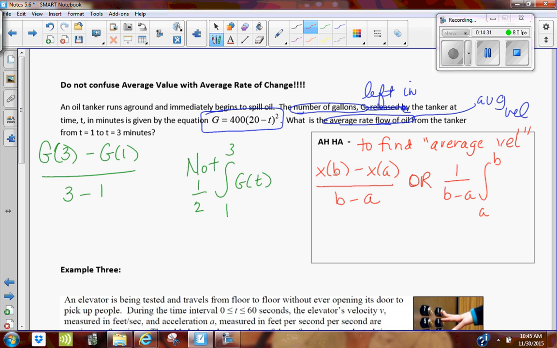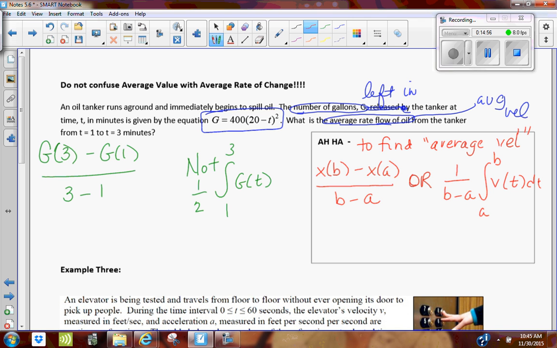Okay, so did you see that I had velocity there? And that was supposed to be position, because change in position over change in time. All right, now, if you did an integral, what would your integrand need to be to make this be average velocity? Why?